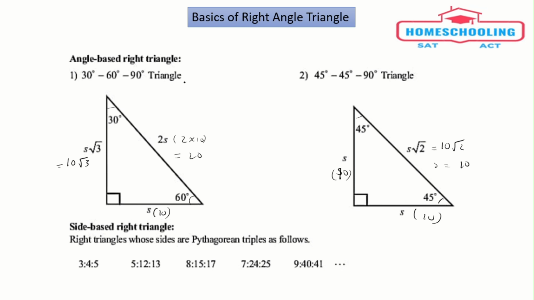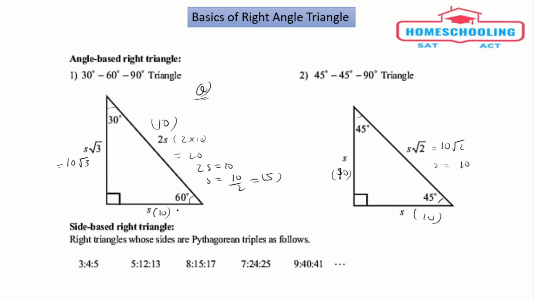So let me give you one more question here. This is your triangle here, and the hypotenuse is 10. So what are going to be the other sides here? As we know, hypotenuse is 2s, so 2s is equal to 10, so s would be 10 divided by 2, that would be 5.